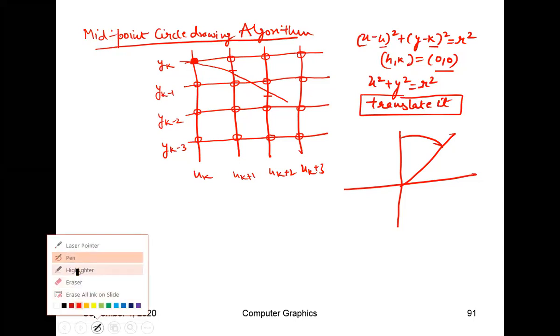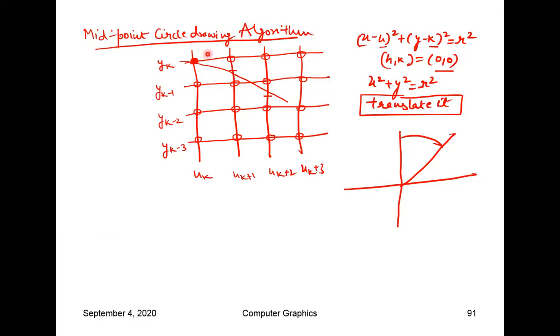There are now two choices of pixels. Definitely at this point the xk value will increase.